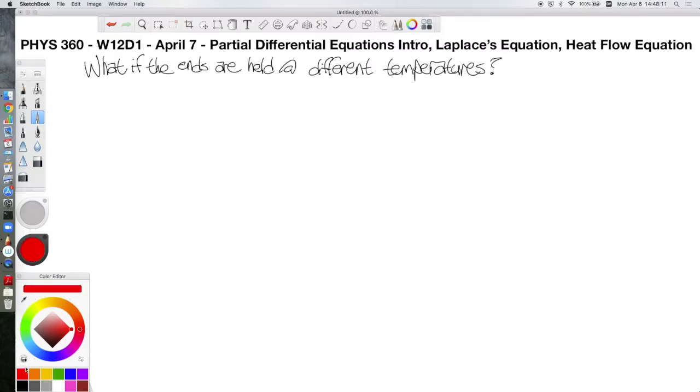So what we're going to need to do here is to find the final steady state solution using Laplace's equation, and we'll use that to modify our solutions there.